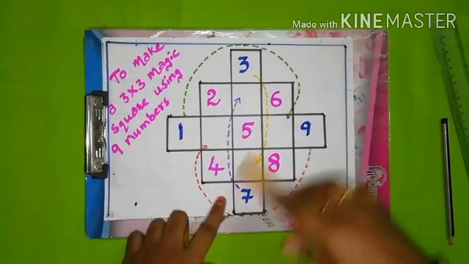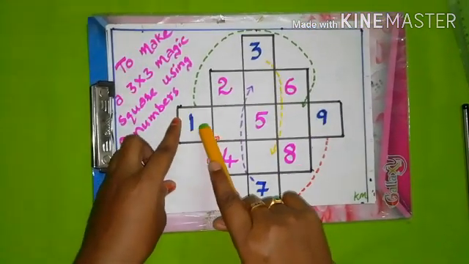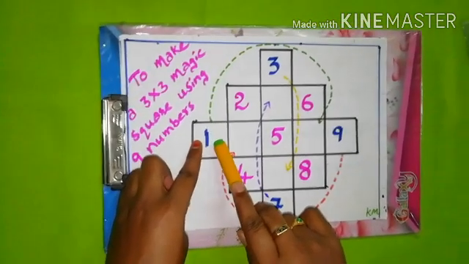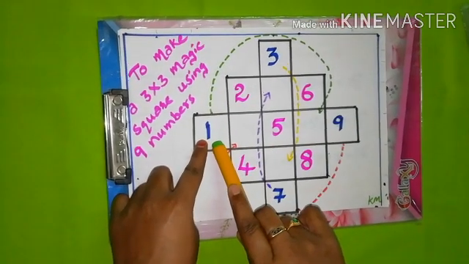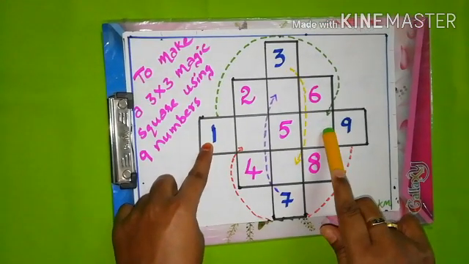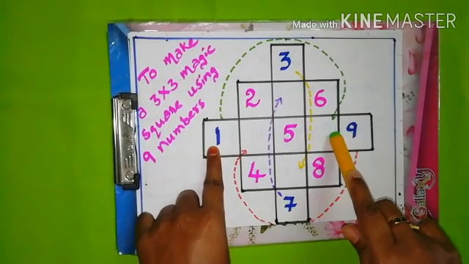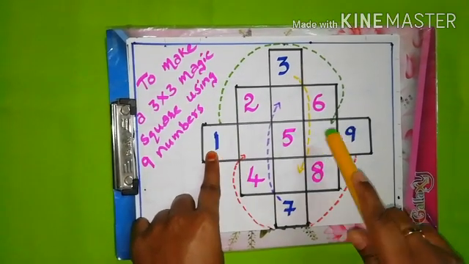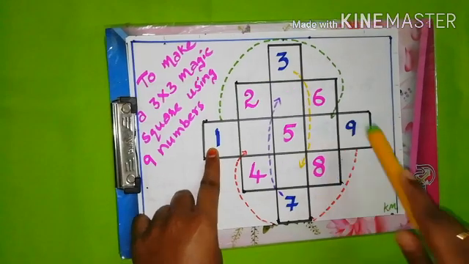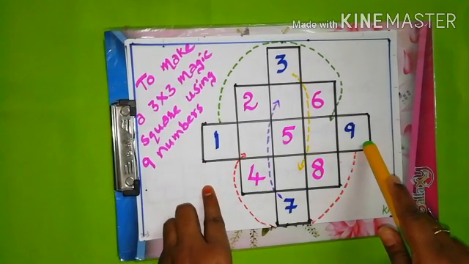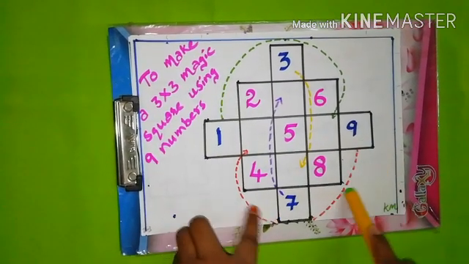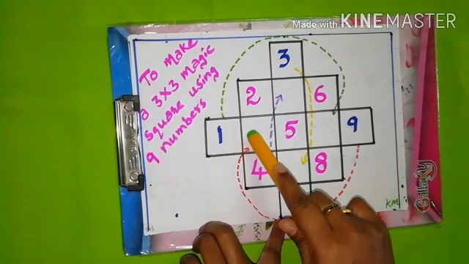After writing the numbers, now we have to shift the number which is here to this place. See the green arrow mark and follow it. This number is to be shifted here. In the same way, this number which is in this projection is to be shifted into this box.